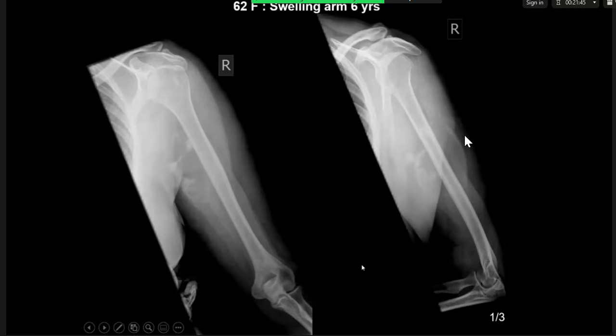I'm trying to see whether this is scalloping the adjacent humeral cortex, or indeed potentially arising from the bone. I can't see any convincing evidence that it is, but nevertheless, there's clearly a quite large soft tissue lesion, probably within the muscle layers.